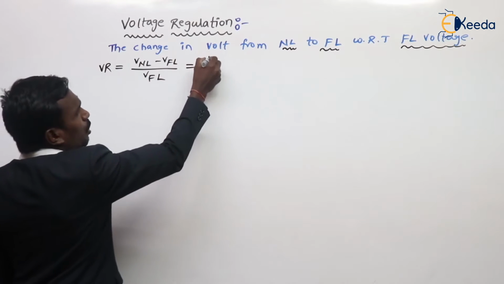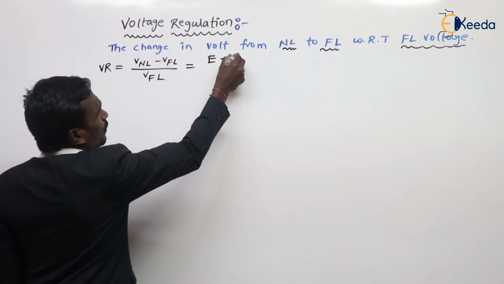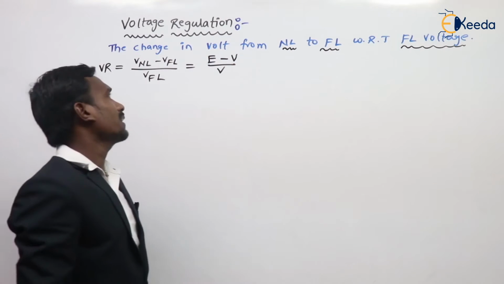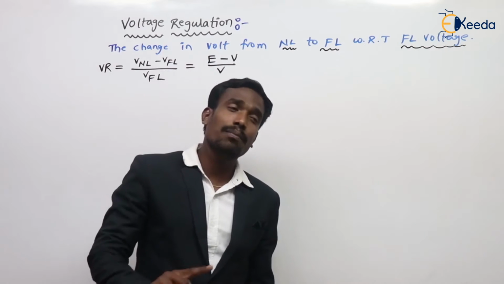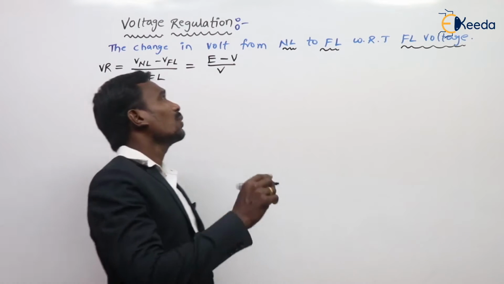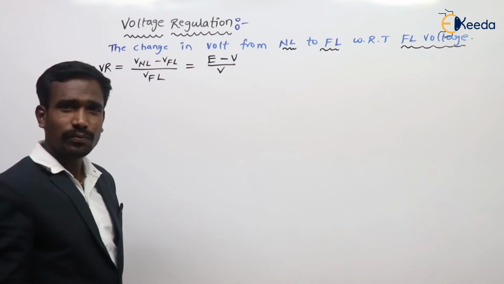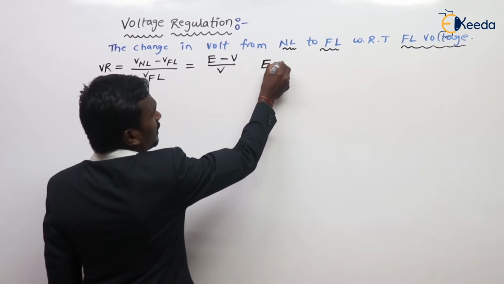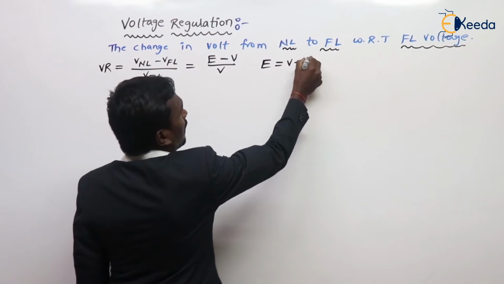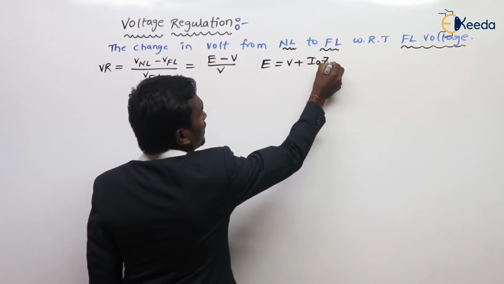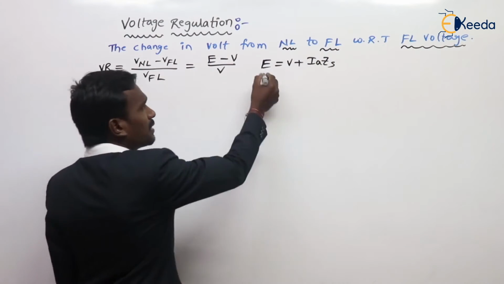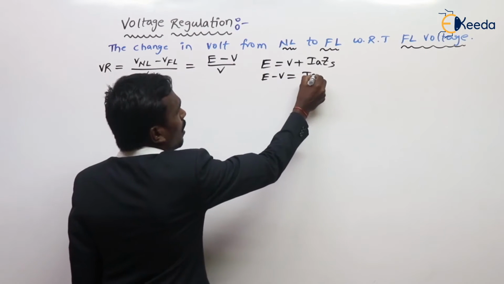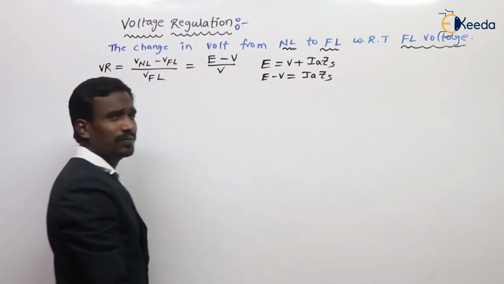No load voltage is E and full load voltage is V. So voltage regulation is equal to (E minus V) by V. But generally we know that E is equal to V plus IAZS. From this, E minus V is equal to IAZS.